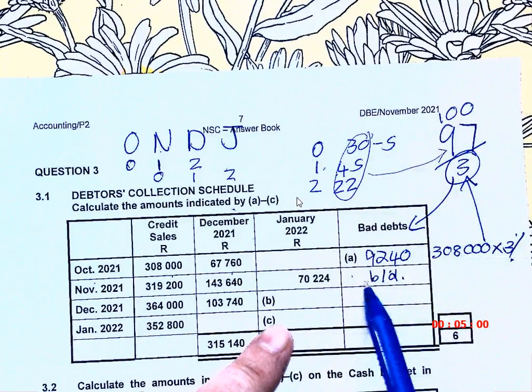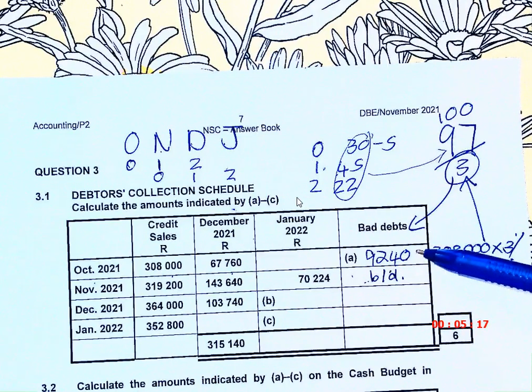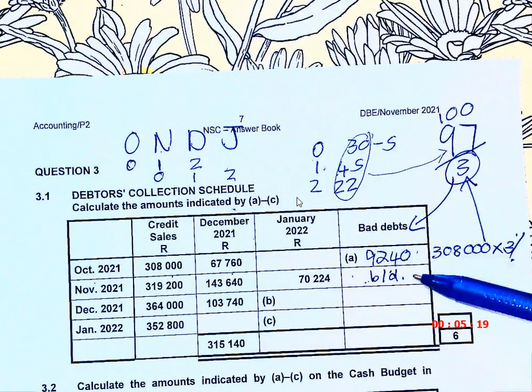But I'm not going to calculate it. Why? Because it's grayed out. They don't want to double test you. Remember, they only have 150 marks to work with. They're not going to test something twice. They already tested that you know how bad debts work. So they're not going to test it again. You guys get me? Yes.